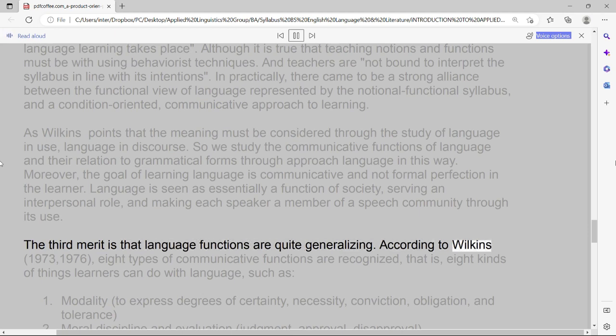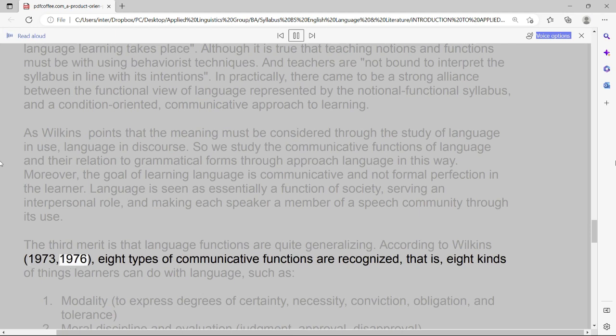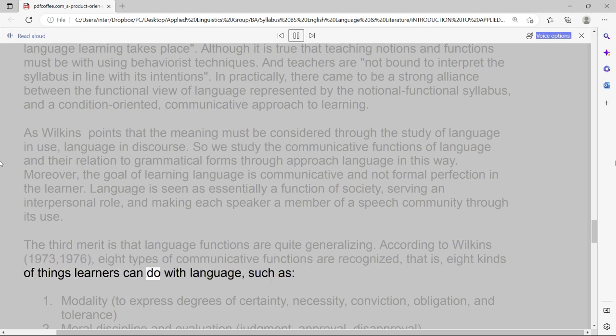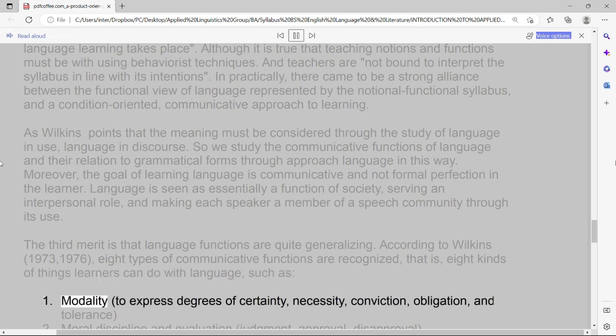According to Wilkins, 1973, 1976, 8 types of communicative functions are recognized, that is, 8 kinds of things learners can do with language, such as: 1. Modality, to express degrees of certainty, necessity, conviction, obligation, and tolerance. 2.